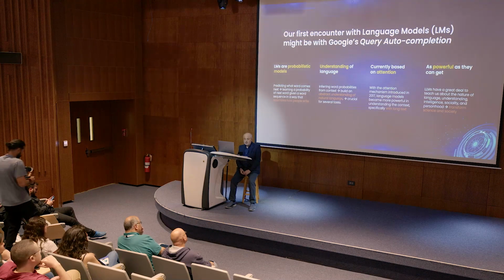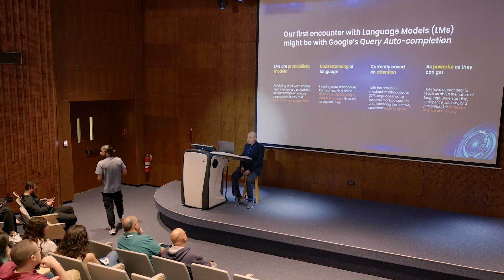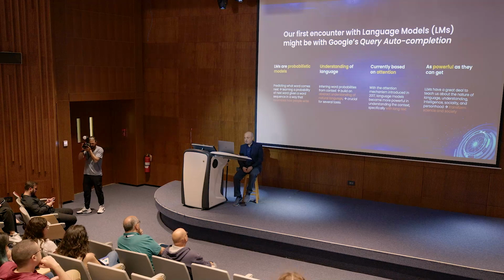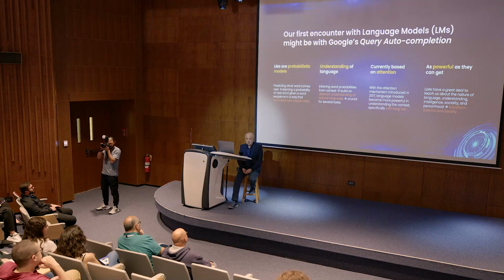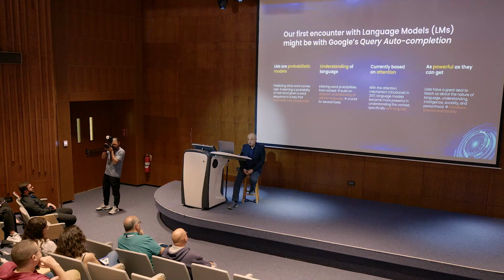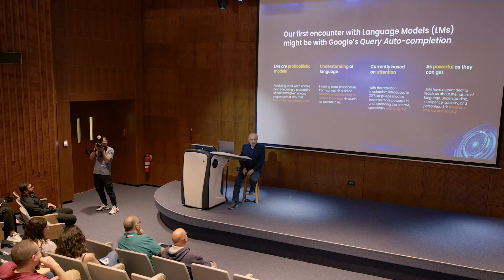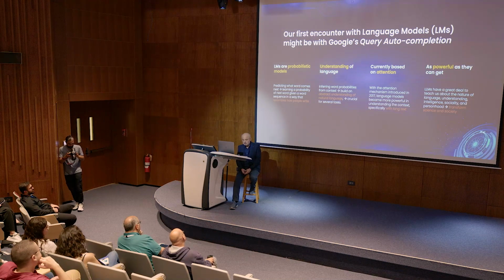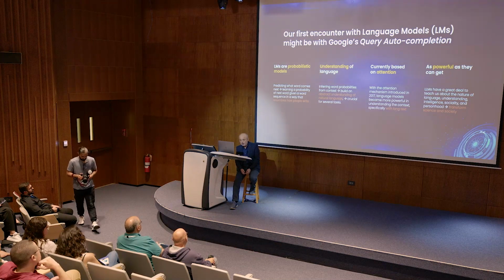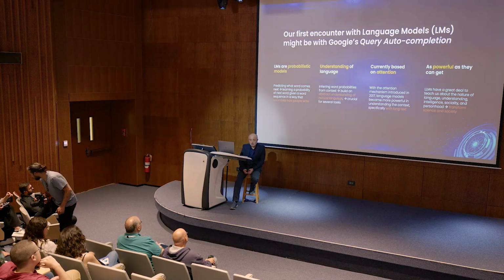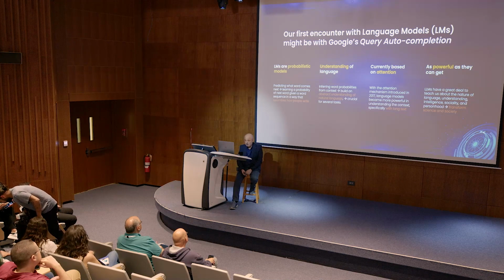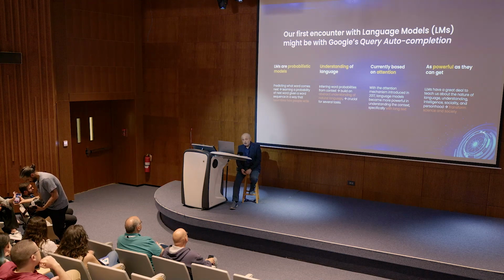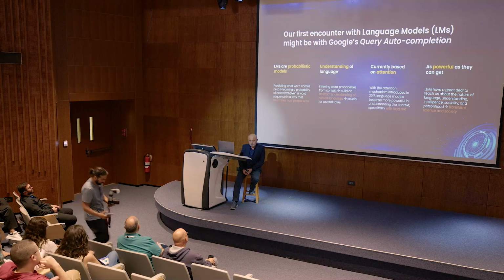When did we first get an idea about large language models? For example, in Google's query auto-completion, you start typing something and Google completes the sentence for you, or gives you suggestions. This was our first encounter, until we reached where we are today. Large language models are by nature probabilistic, and they started gradually.